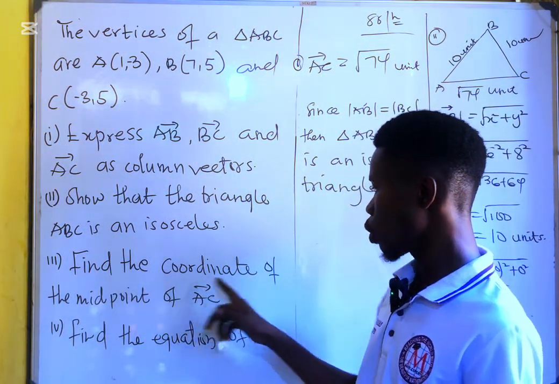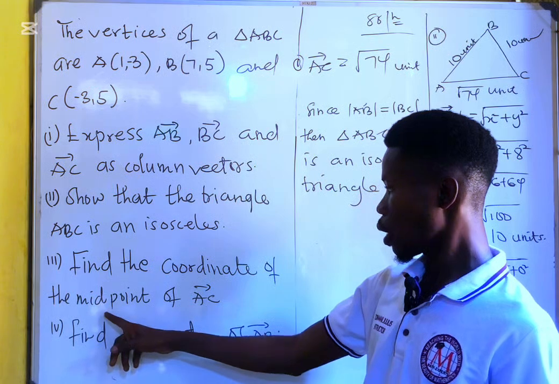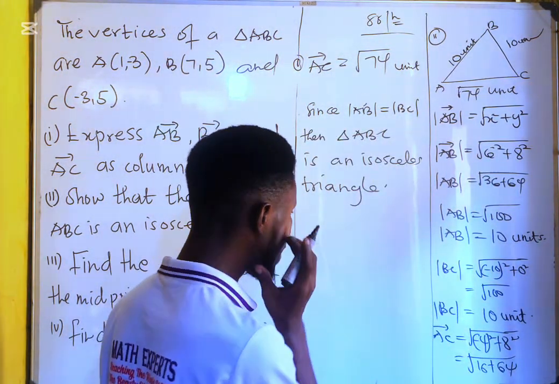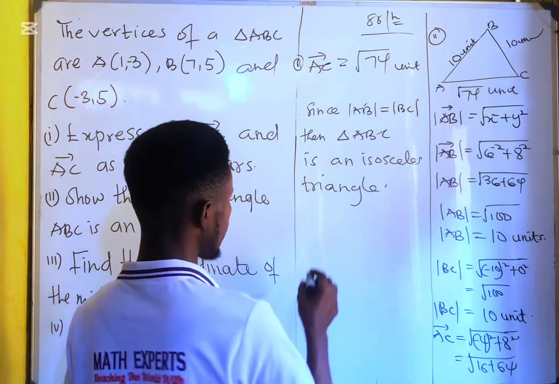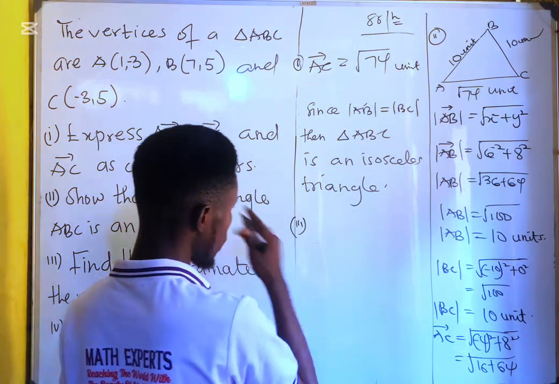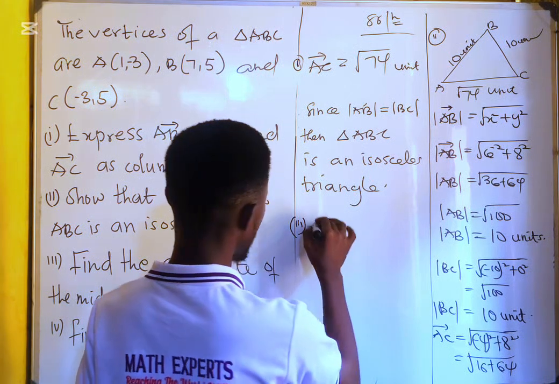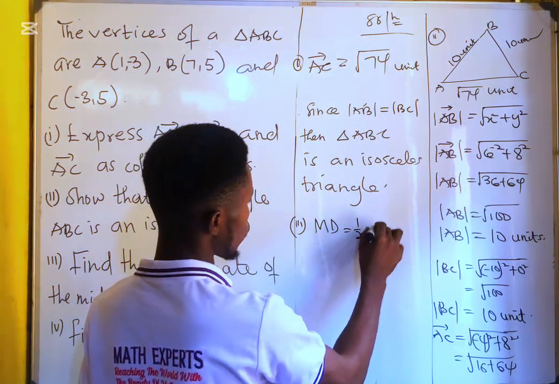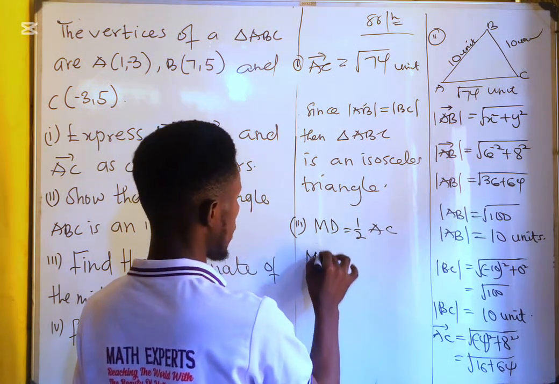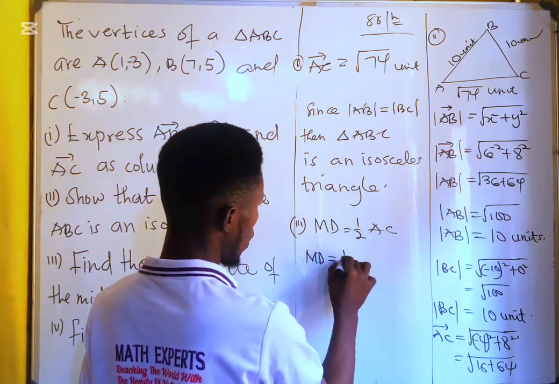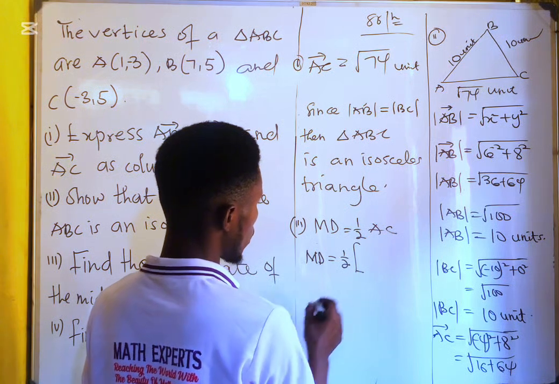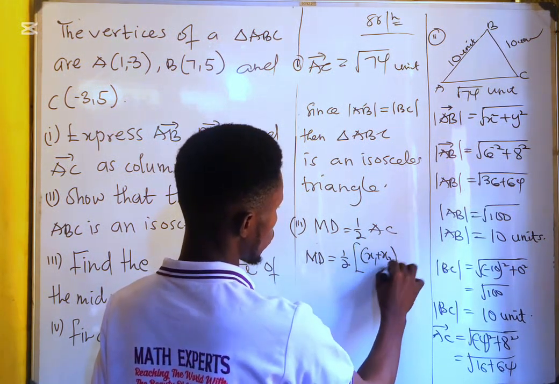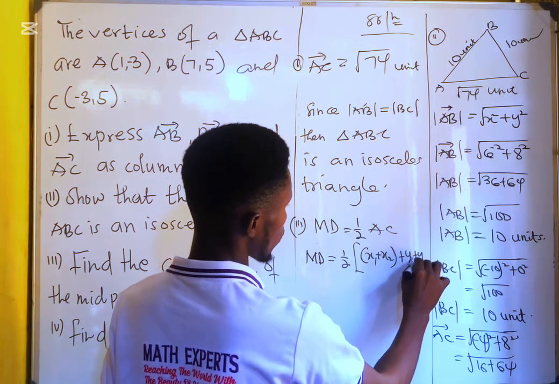Now we also move on to the (ii). The (ii) said find the coordinate of the midpoint of AC. Okay. Already the AC was negative 4, 8, right? The midpoint of AC will be half of AC. So the midpoint will be equal to half of x1 plus x2, y1 plus y2.